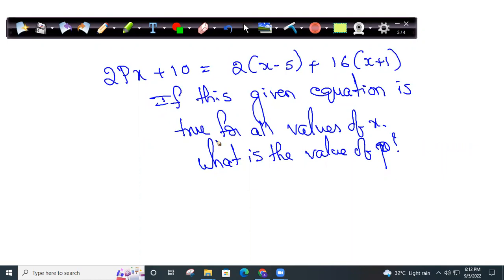Yeah, you can type your answer in the chat box. Try. Simple logic, what I told you. Whatever you see on your left hand side, the same thing you should see on your right hand side too.